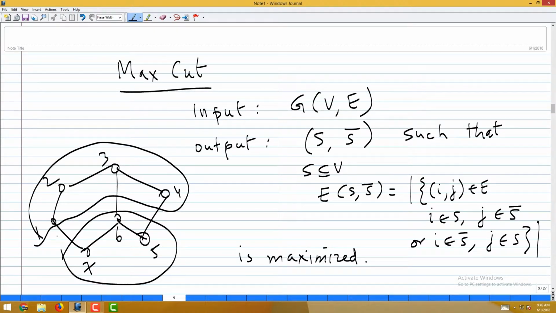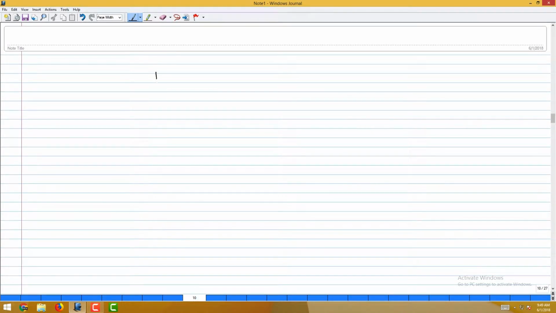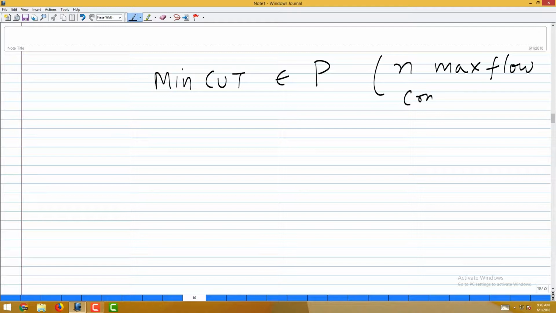So, min cut is poly time solvable, but max cut is NP hard. In fact, next week you will see an interesting randomized algorithm to compute min cut even faster than doing flow. But max cut we will not do here, but it turns out max cut is NP hard.